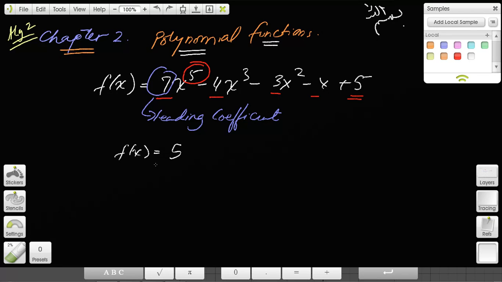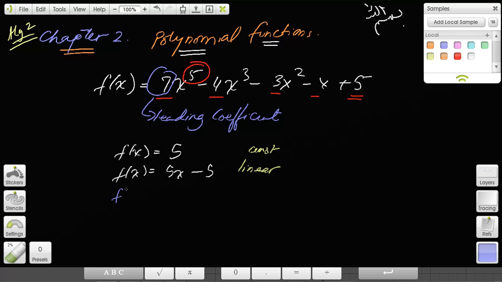And then f of x is equal to, I don't know, like 5x minus 5. This is a line, y equals mx plus b. So this is a linear function, but it's technically also a polynomial function. Okay, so this is a constant function, this is a linear function.